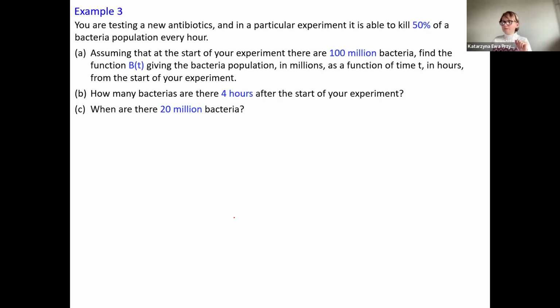Assuming that at the start of your experiment there are 100 million bacteria, find function B of t, giving the bacteria population in millions as a function of time in hours from the start of your experiment.